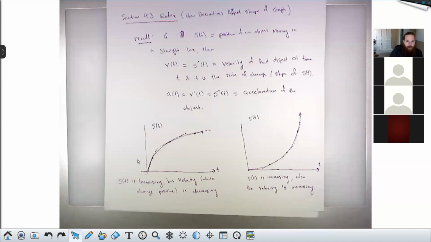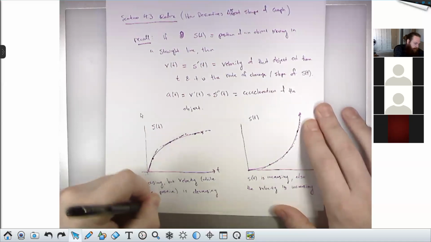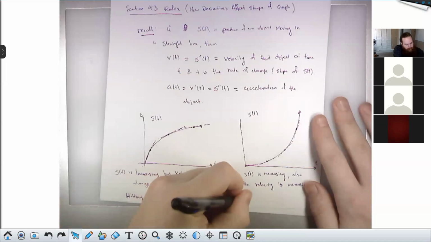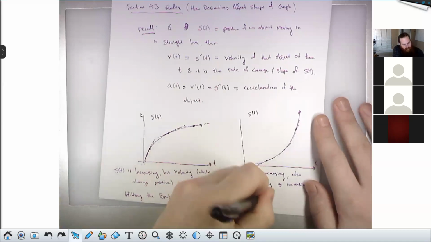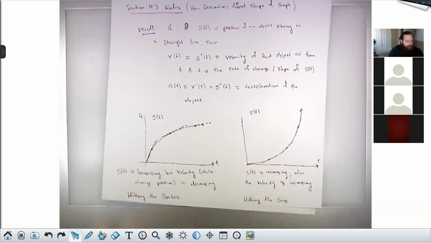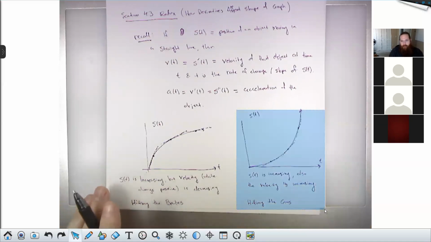The rate of change of your first derivative is information that you can get from your second derivative. So here I'm hitting the brakes. Here I'm standing on the gas or hitting the gas. In other words, in this guy, my acceleration is positive.